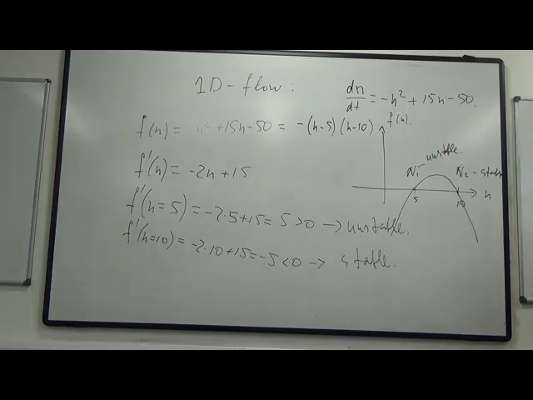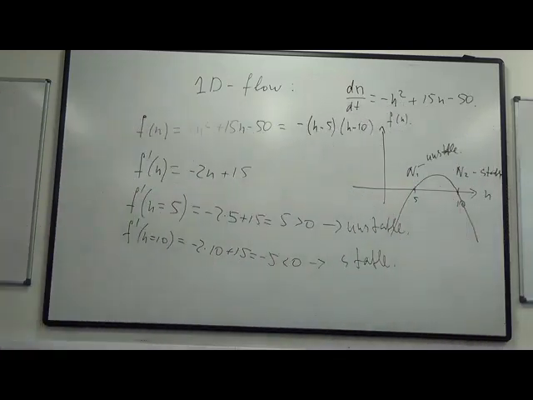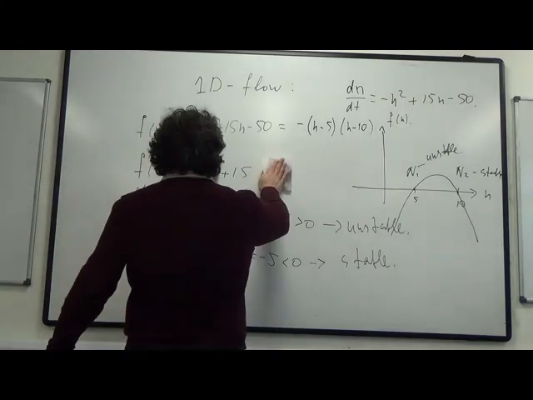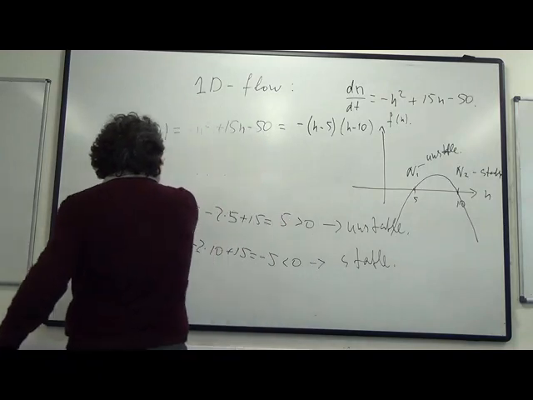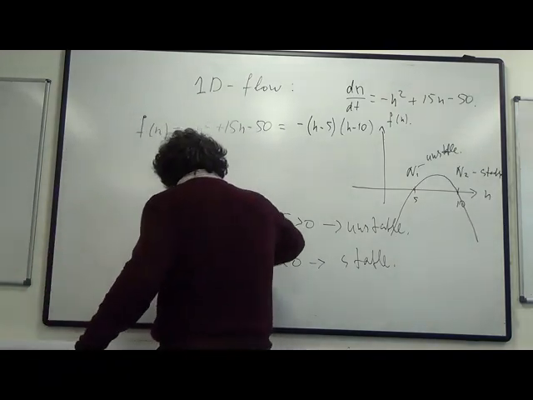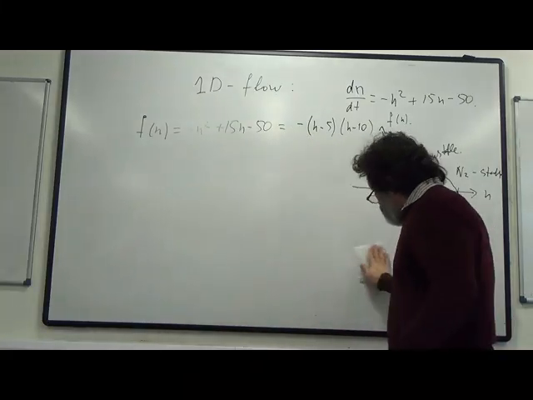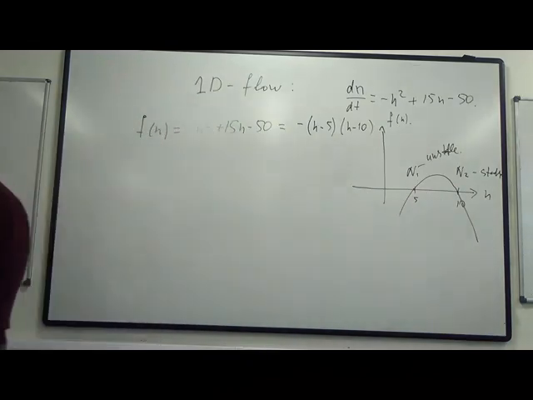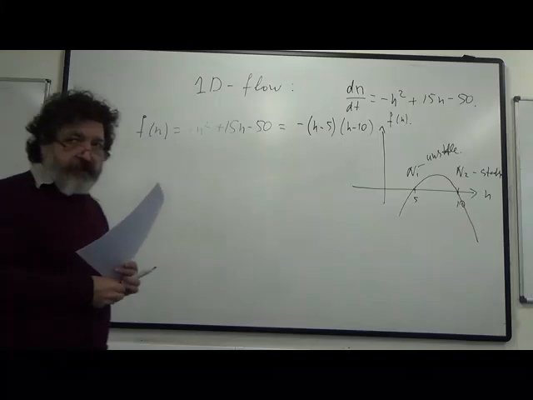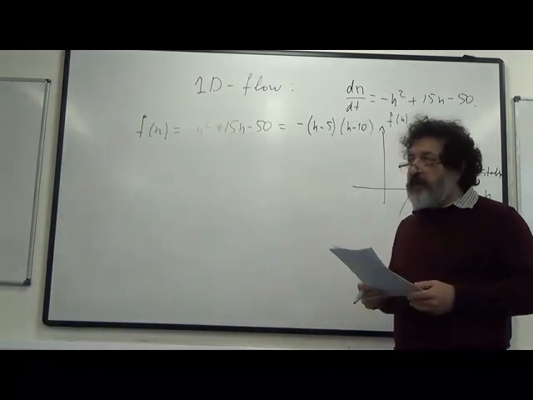Okay, so this is the first part of the problem, and the second part would be to integrate it. This integration is basically unrelated to this model. You're supposed to be able to do it.